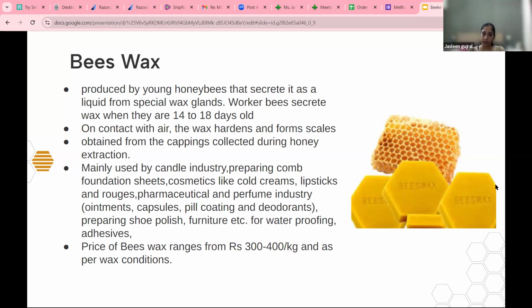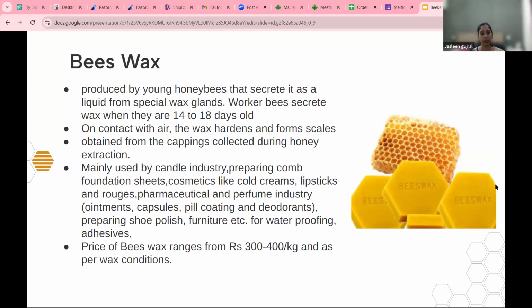It is basically used by the candle industry, and for preparing the comb foundation sheets, the sheet basically which they provide as a hive for the bees. Then it is used by the cosmetic industries for making cold creams, lip balms, lipstick, and for the pharmaceutical and perfume industry. So there are endless uses of beeswax, which people can make and earn money.